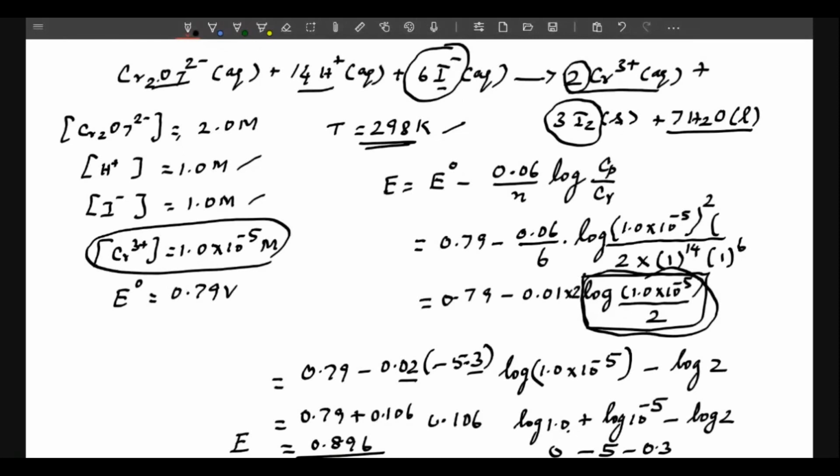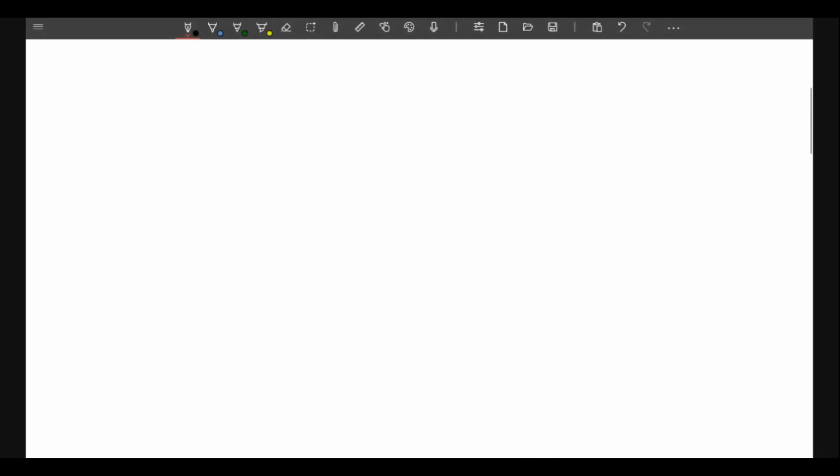Okay, take down the problem as homework. Consider the voltaic cell whose overall reaction is Pb2 plus aqueous plus zinc solid giving lead solid plus zinc 2 plus aqueous.